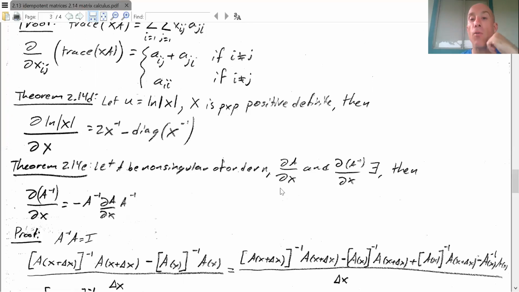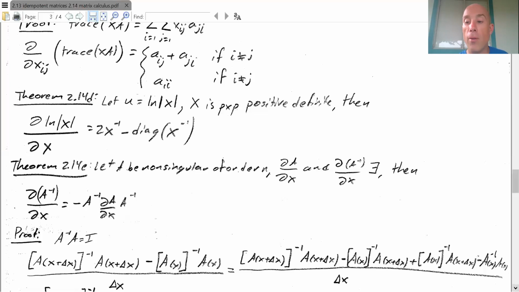And we're going to say that the derivative of A with respect to x exists, and the derivative of the inverse with respect to x exists. All right, so all we're doing here is just saying what I need exists to be able to pull this off. Then the derivative of the inverse is going to be equal to the negative inverse on each side of the derivative of A with respect to x.